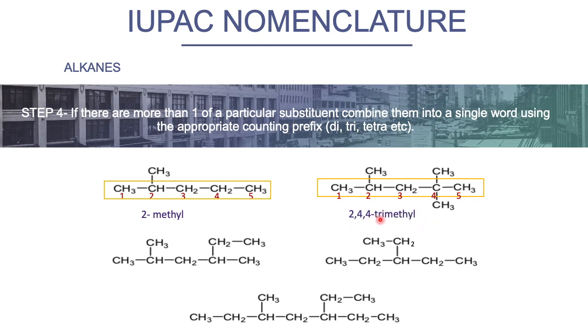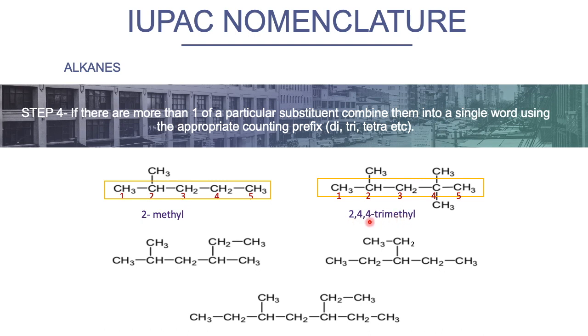Now if you notice, if you have tri as the counting prefix, there should be 3 numbers here. You cannot ignore the second 4 because both the methyl groups are attached to the same carbon. You have to account for all the substituents that you have written, with their numbers. So it is 2, 4, 4 trimethyl.